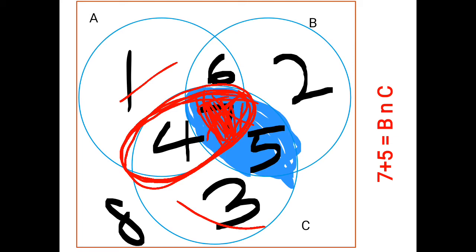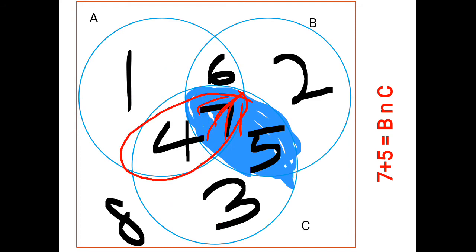That is the 4 plus the intersection of all, which is our 7. That gives us A intersection C. So 4 plus 7, this side, is A intersection C.